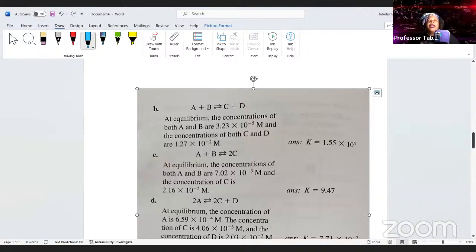Like in this example, if I said find the equilibrium concentration for this whole chemical reaction, you would have to know the concentrations for all of them in order to solve this particular part of the problem.